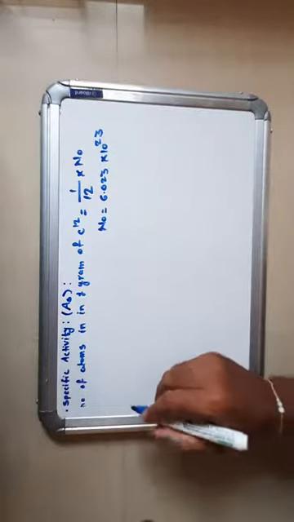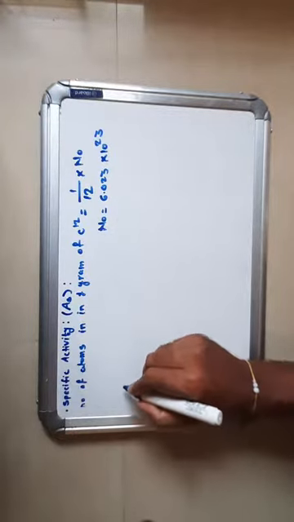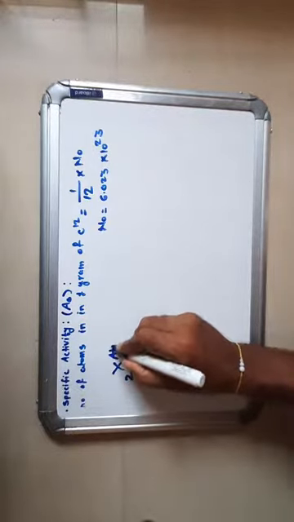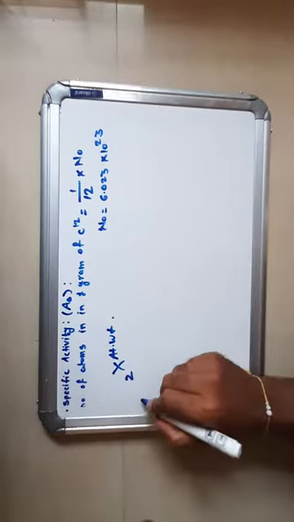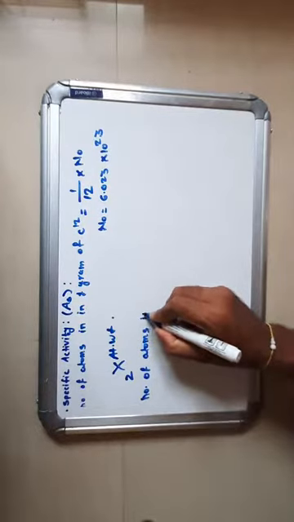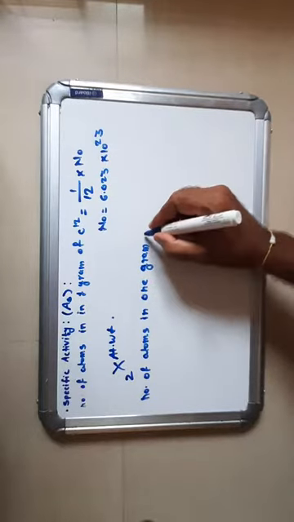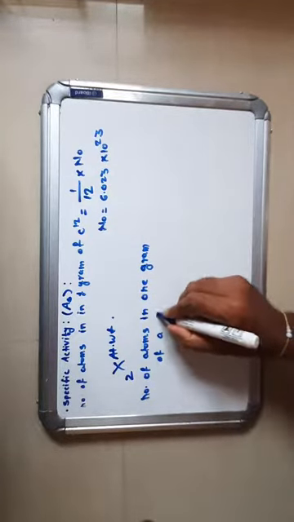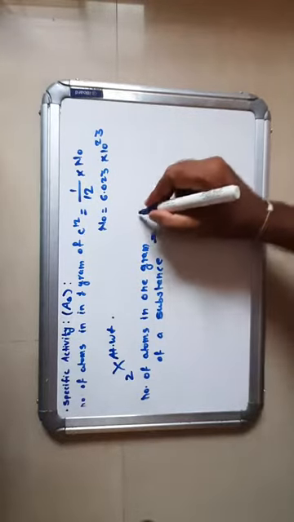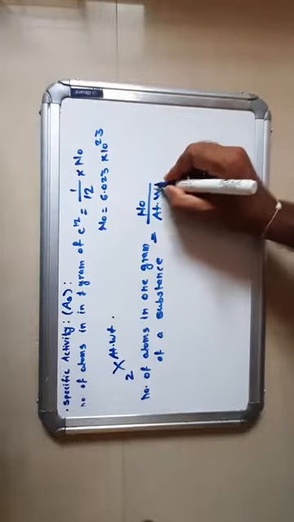Generally, for a substance of atoms with atomic weight, the number of atoms in 1 gram of a substance is equal to Avogadro's number divided by the atomic weight of that atom, right?